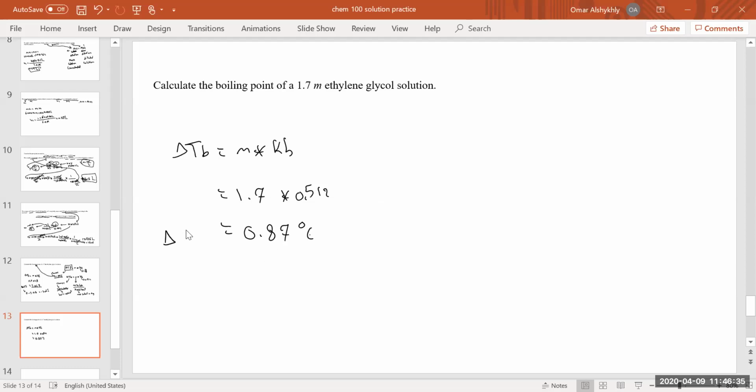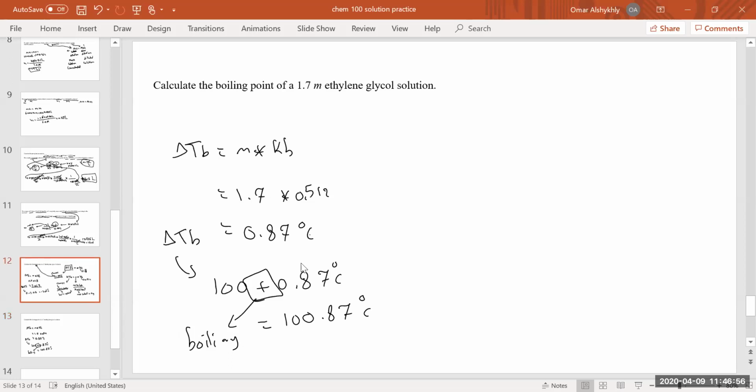But this is the change. Be careful. The boiling point will be 100 plus 0.87, and that gives you 100.87 Celsius degree.